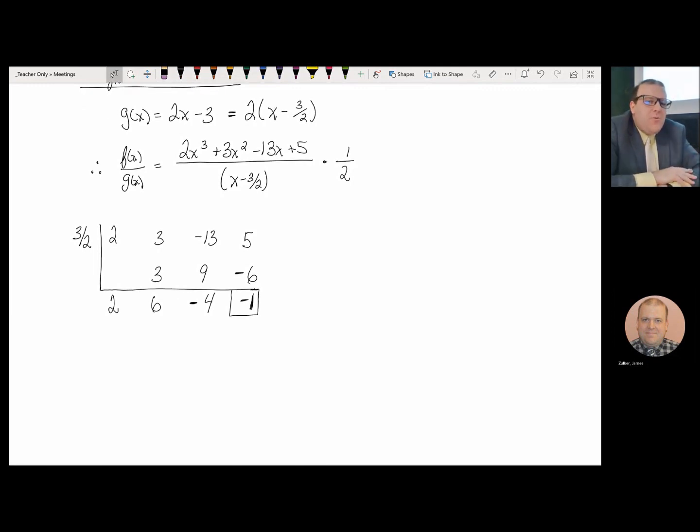Now you go, what was the degree of the original dividend? That means the degree of your quotient is 1 less. And these give you the coefficients.